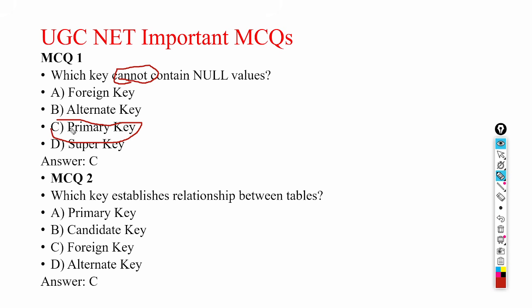Which key establishes the relationship between tables: primary key, candidate key, foreign key? The relationship between the tables is the foreign key. These are frequently asked questions in UGC NET, TG SET and other SET university examinations. Try to understand the concept instead of memorizing the answers.